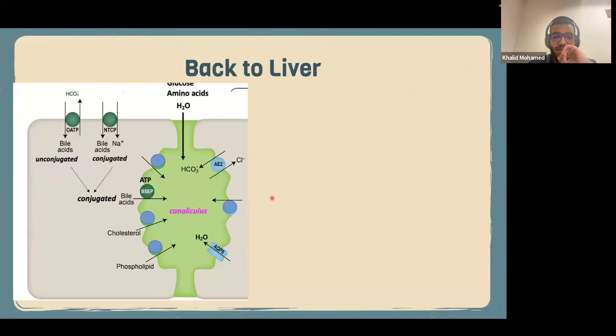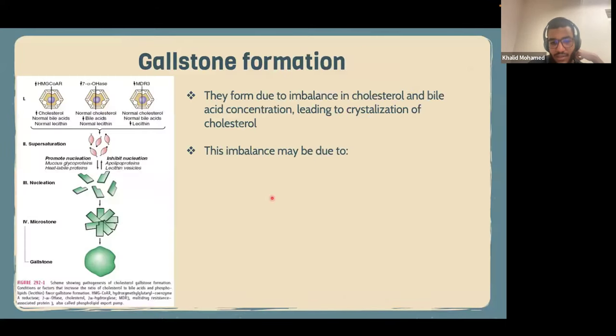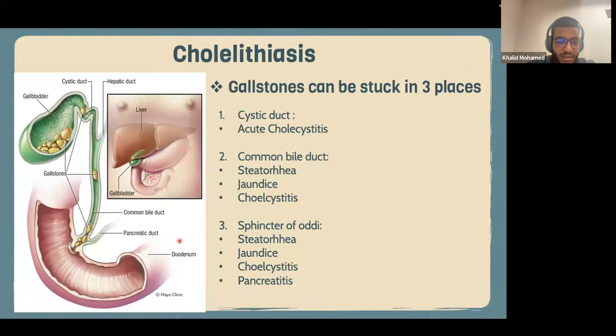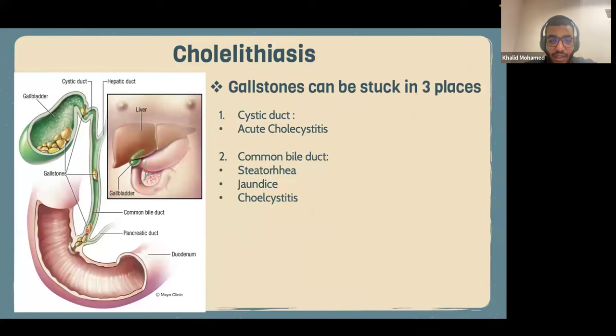And finally, the last place is the sphincter of Oddi. Now this is the worst one. If a gallstone happens in the sphincter of Oddi over here, what will happen?